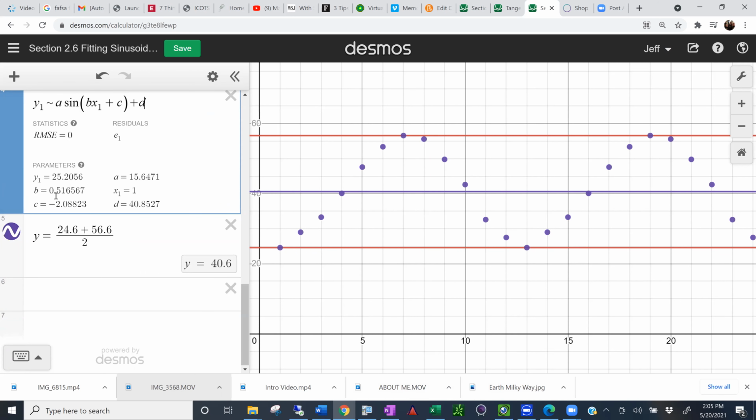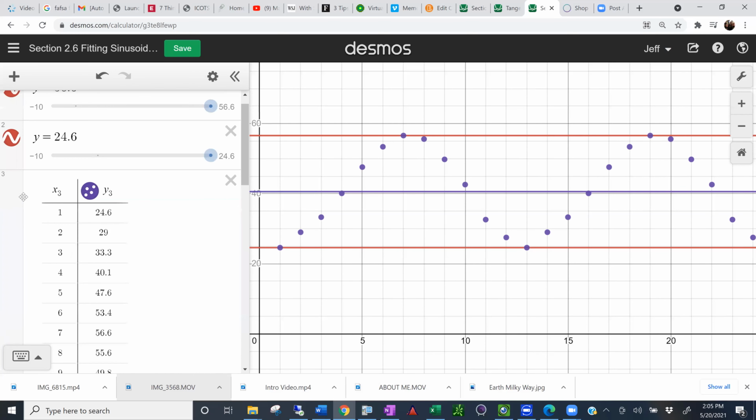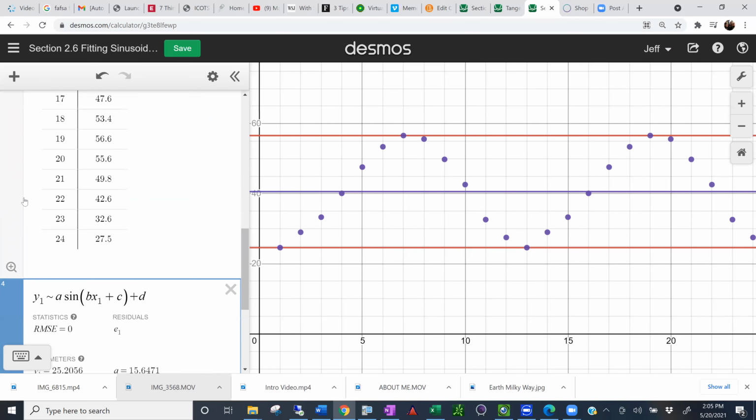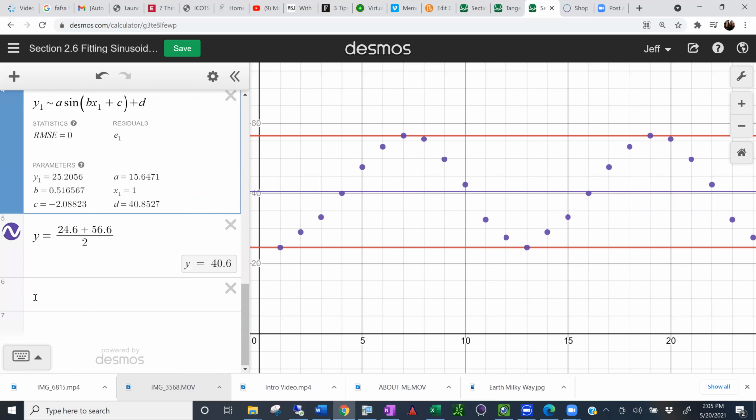So there you go, A, B, C, and D. Looks pretty good. Now, if I were to graph that, I should be able to turn that graph on. No, I don't have it typed in.